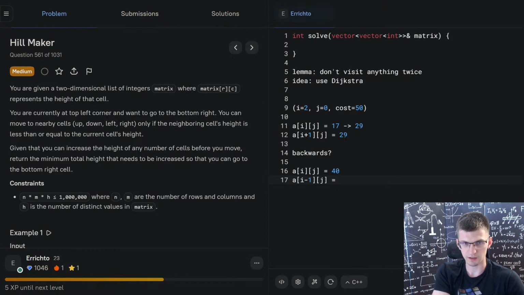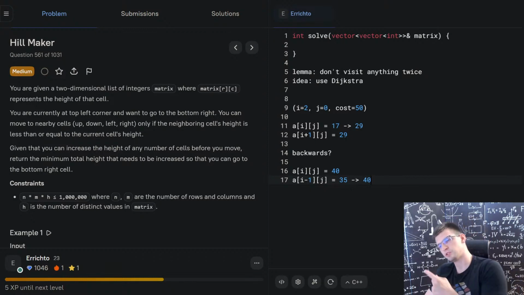Yeah. So backwards, this would be fine, you could just go there. But if it is like this, then you need to change 35 into 40. But you don't modify your previous decisions. So backwards makes more sense. This is more promising.